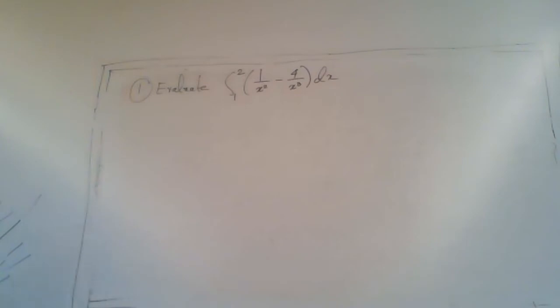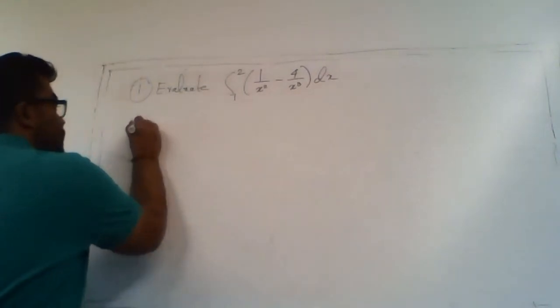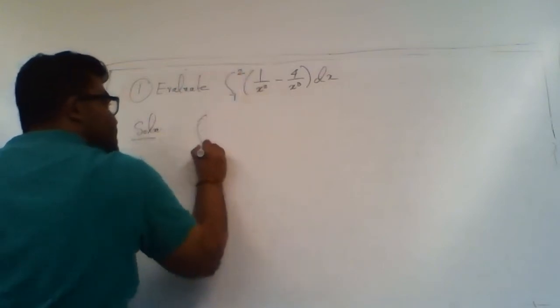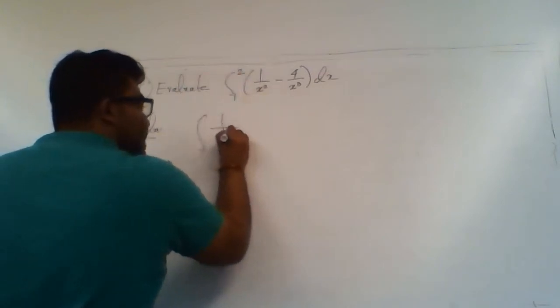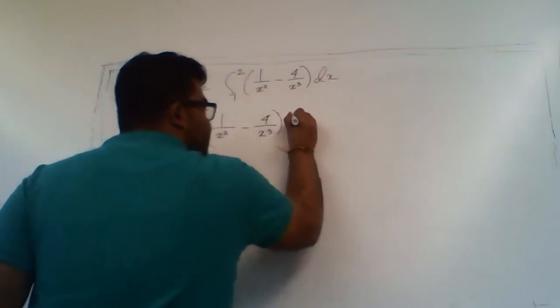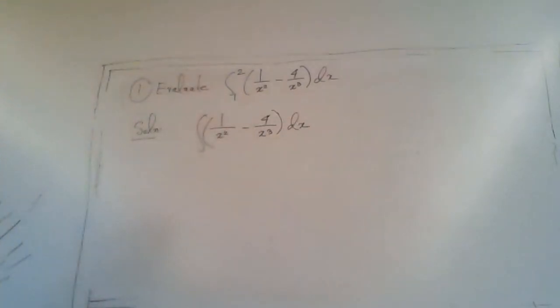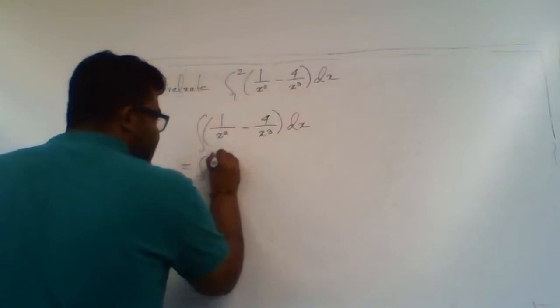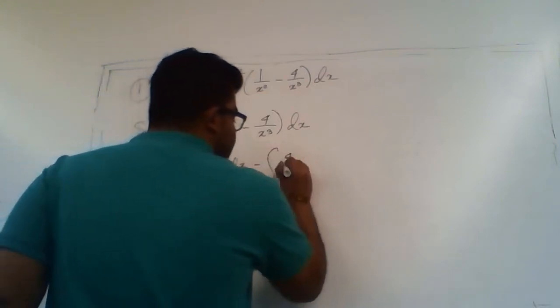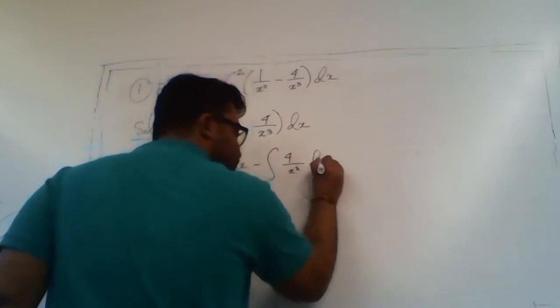In accordance with the evaluation theorem, first we will forget the limits and just do this 1 by x square minus 4 by x cubed dx. So first forget the limits and just try to do this. So you get integral 1 by x squared dx minus integral 4 by x cubed dx.